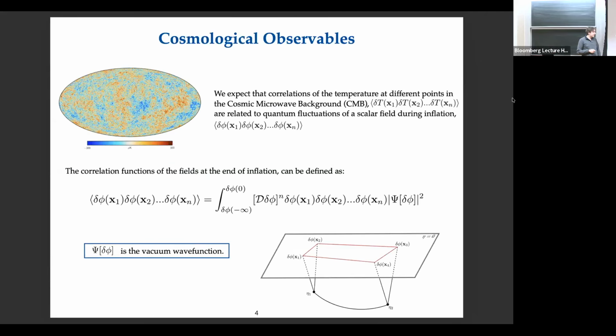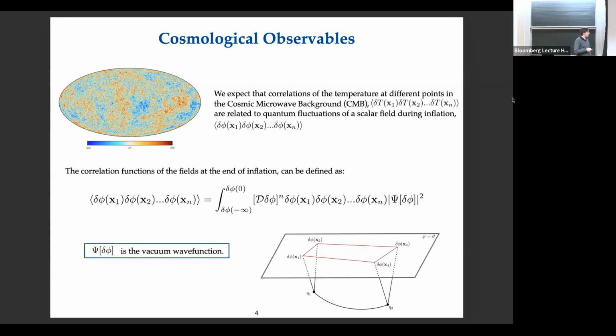So the underlying setup is, we are interested in computing cosmological correlators, so these correlation functions at the end of inflation, which in principle can be measured in the CMB or in the large-scale structure of the universe. And one way to compute them is just integrating against the mod square of the wave function.